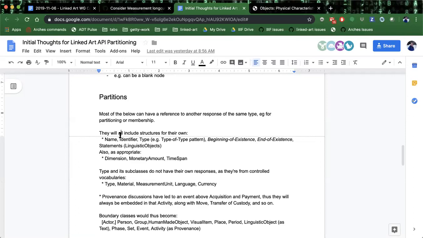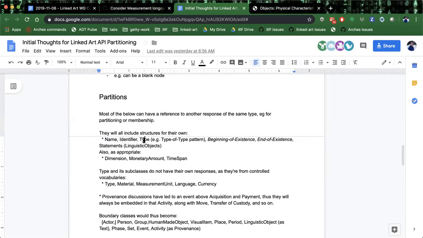They'll always be part of a response. I think those are name and identifier, because they are always specific to the thing that they name or identify. And they're mostly just data structures. They're not real world objects in the same way that a place or a person or a group or a collection or a painting or an object are.